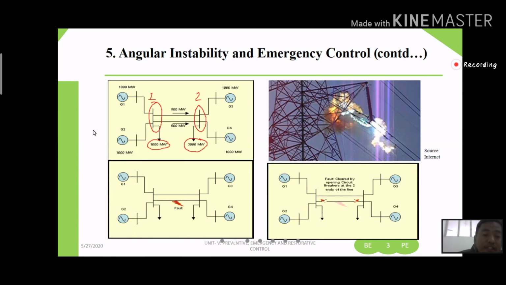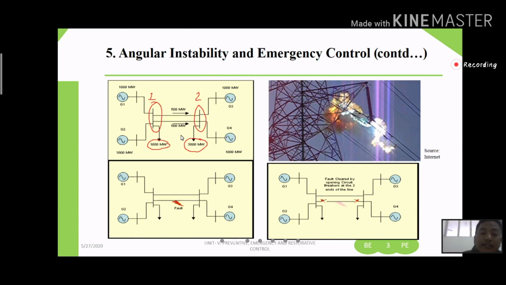If you see carefully, after fulfilling all the required demand, no equipment limit is violated. This line can carry 1500 megawatt, but it is carrying only 500 megawatt. Similarly here, 1500 megawatt, but it is carrying only 500. So no equipment limit is violated, which means it will be stable.